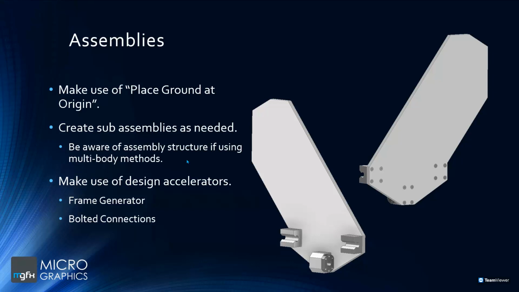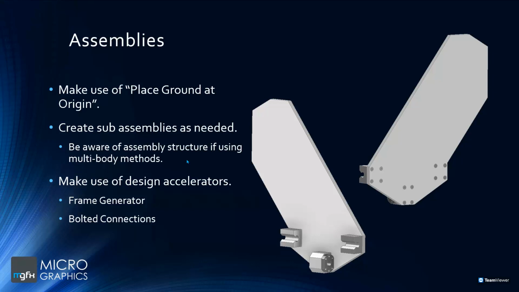So here we're looking at a subassembly on the right-hand side where we have that riser plate with a set of bearings mounted to it. And in this case, we've made use of place grounded origin to make sure that this plate is placed in its correct orientation with reference to the rest of the assembly, once everything's brought back in.